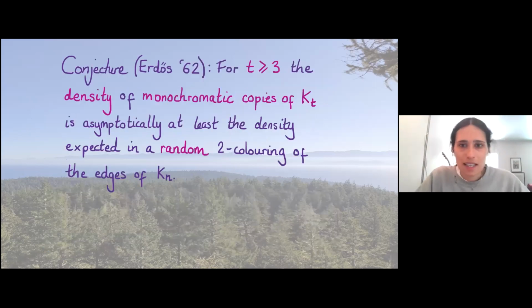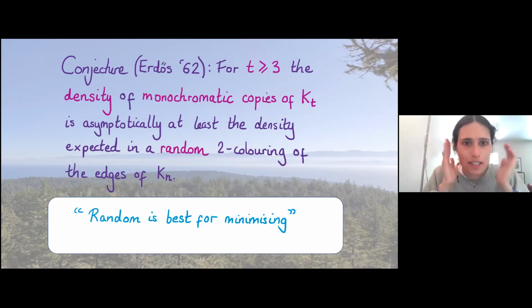Erdős made a very nice conjecture in 1962. Goodman's theorem says that for a triangle, if you want to minimize the number of monochromatic copies, taking a random coloring will do that. Erdős conjectured that this is true for all t at least 3 for K_t. So the way you could think of this is that Erdős conjectures that random is best for minimizing.